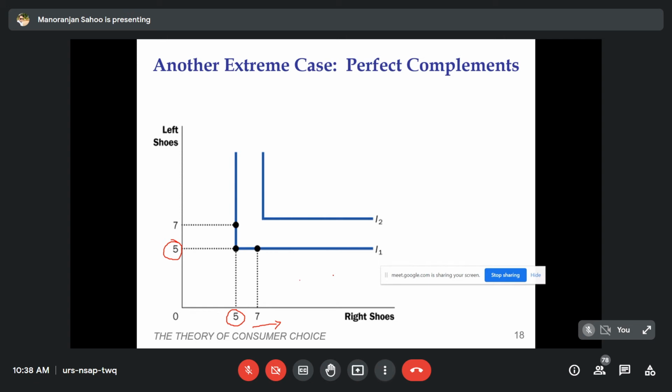The number of left shoes was equal to the number of right shoes. So you are having a particular level of happiness, but only when the number of right shoes increases, the number of left shoes remaining the same, will your happiness increase?